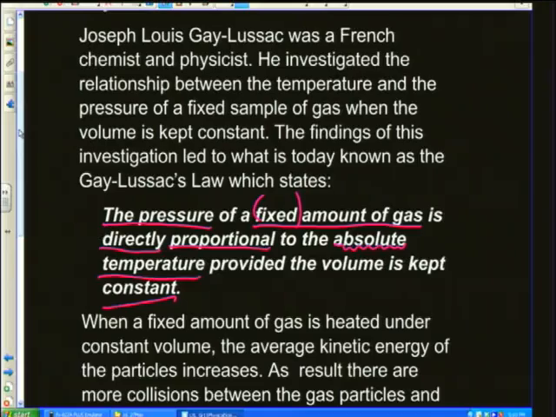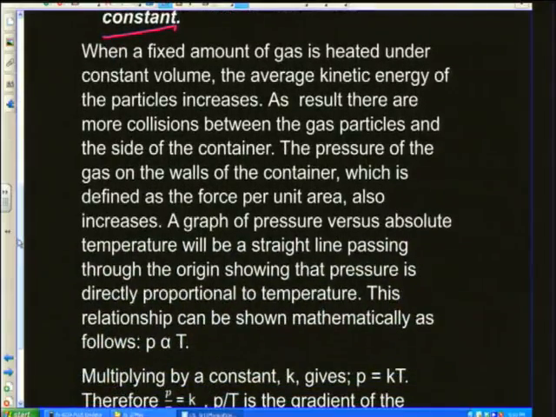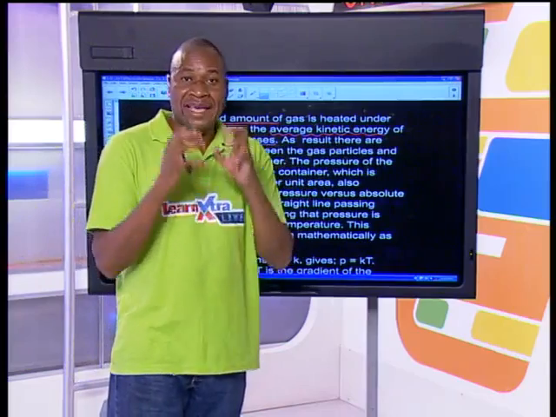We're talking about the Kelvin scale of measuring temperature. Okay, now moving on. When a fixed amount of gas is heated under constant volume, the average kinetic energy of the molecules of the gas increases. We know basically that temperature of a gas is actually given by the average kinetic energy of the gas molecules.